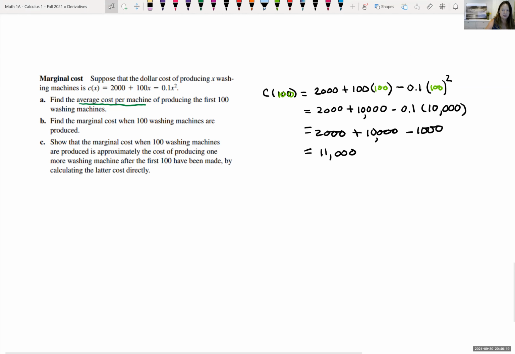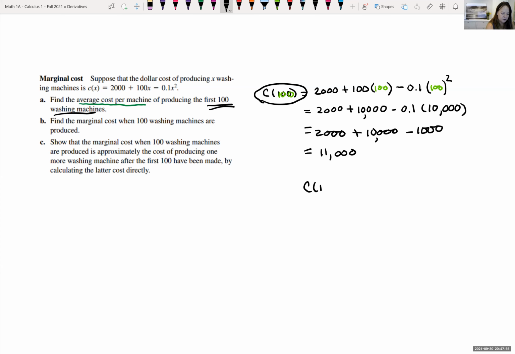But we want the average cost. So the cost of 100 units, or the first 100 washing machines, we're going to divide by 100.